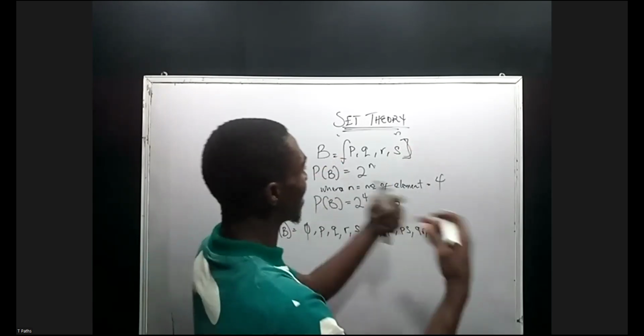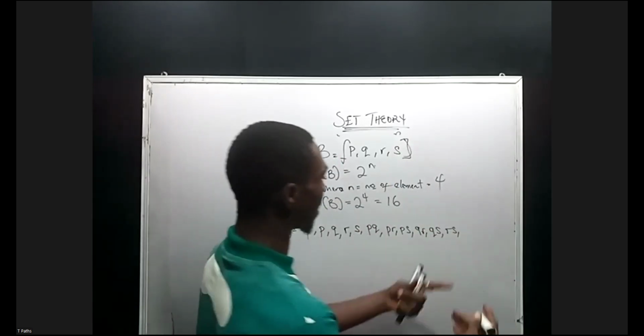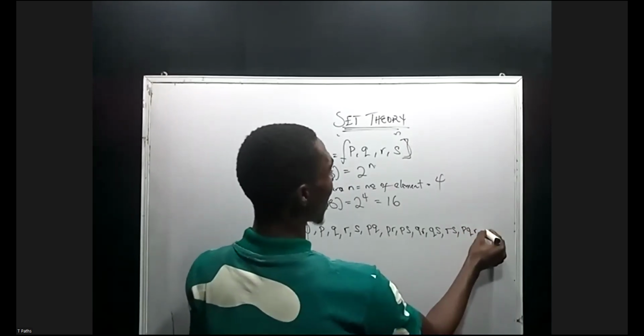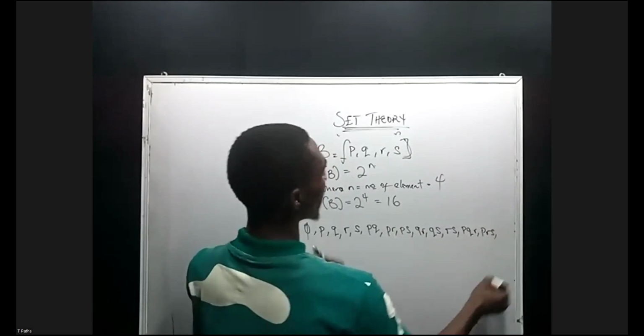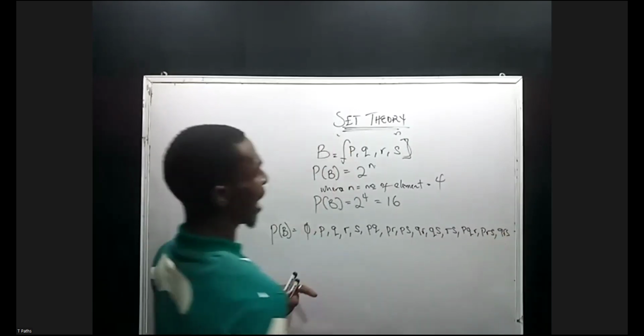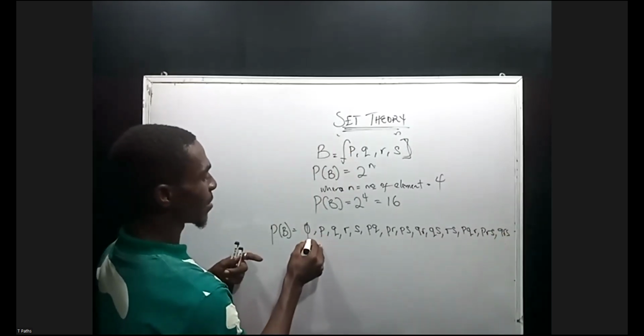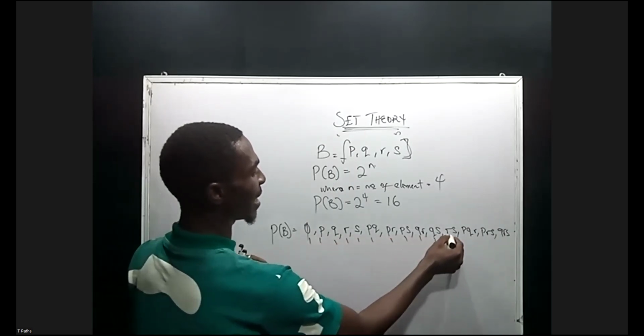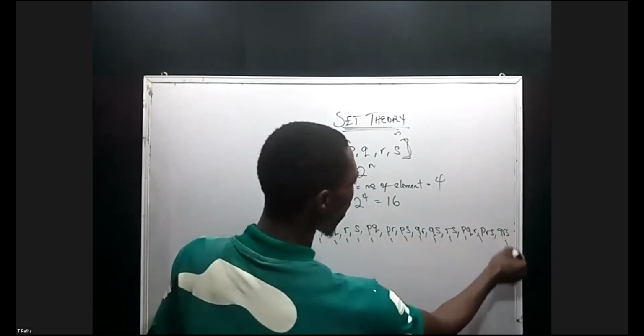There are no repetitions. So the next subsets that you can form under this set are the sets with 3 elements. With 3 elements, you can have PQR, PRS, QRS. Let's count this: 1, 2, 3, 4, 5, 6, 7, 8, 9, 10, 11, 12, 13, 14.